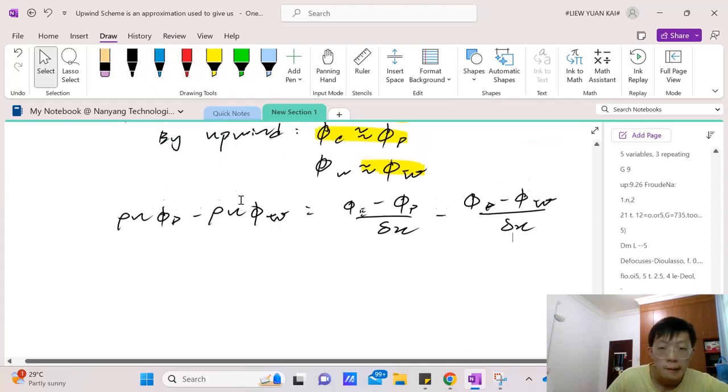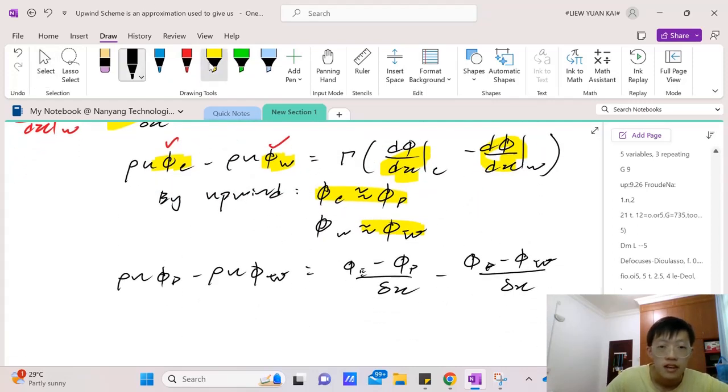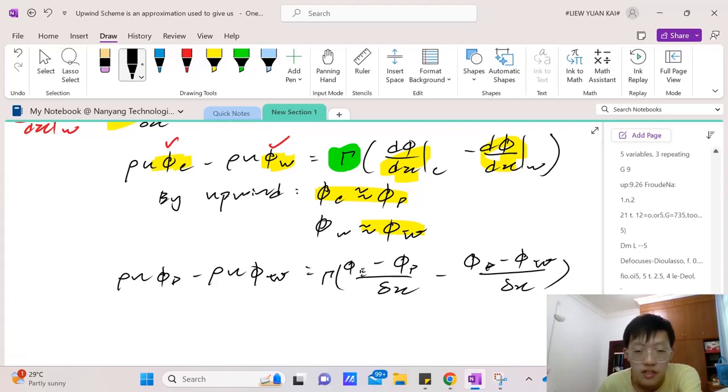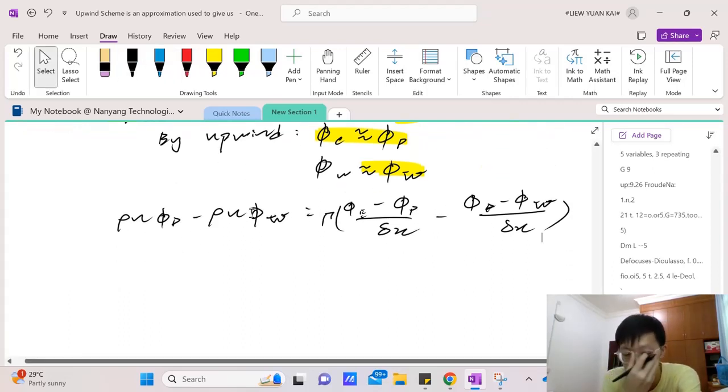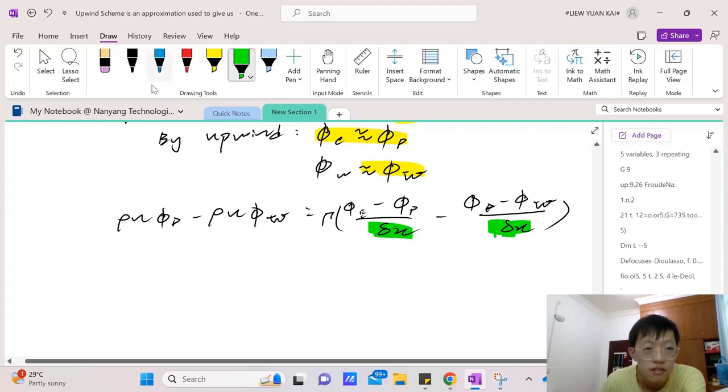Oh wait, I forgot this gamma term. Sorry, forgot this gamma. Yeah, like that. Okay, let's factorize out this delta x from both sides.